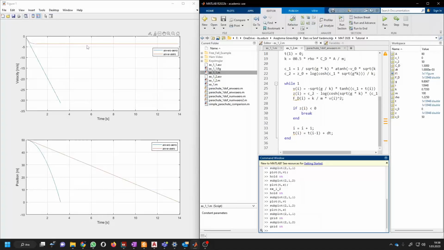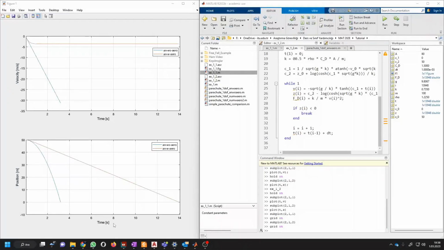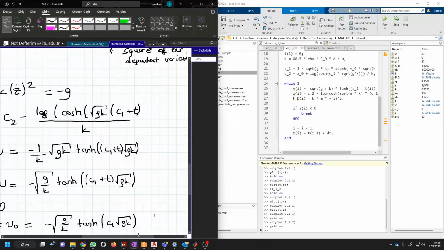Basically, the limiting speed is defined for a falling object such that the aerodynamic force and the gravitational force acting on it are balanced out. So for our particular problem, what would be the value of this limiting speed, or can we calculate that speed analytically?